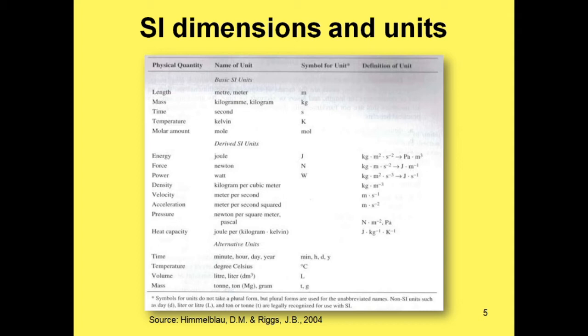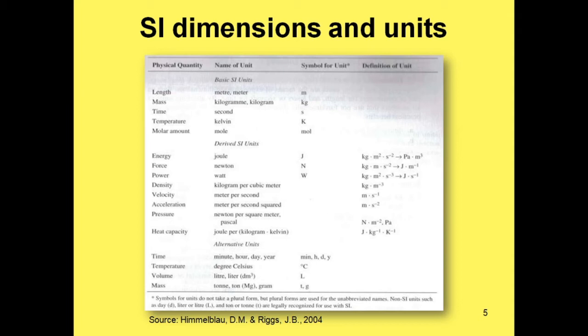Acceleration, meter per second square. Pressure, Newton per meter square or Pascal. 1 Pascal is equal to 1 Newton per meter square. This is pressure unit. Heat capacity, joule per kg Kelvin.